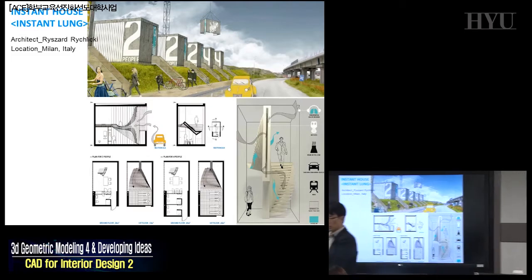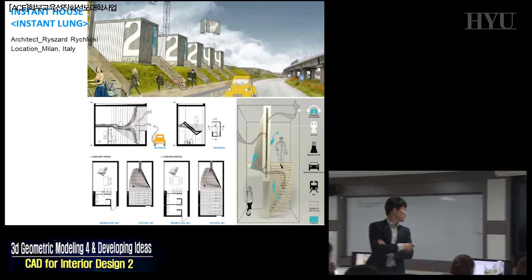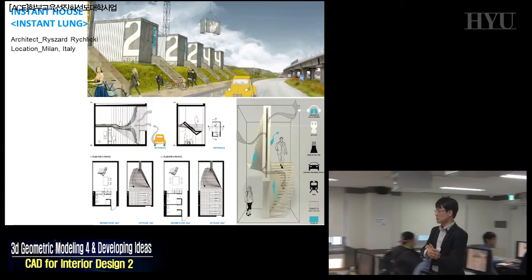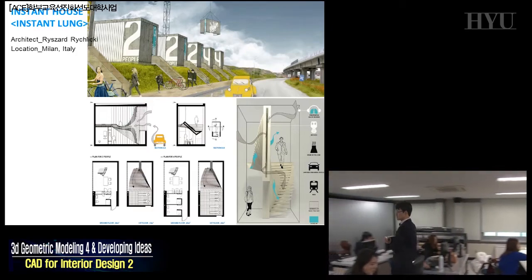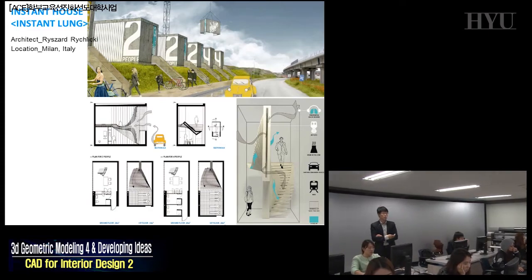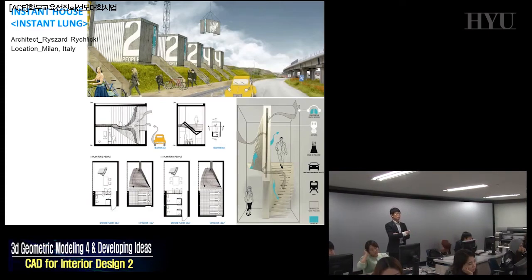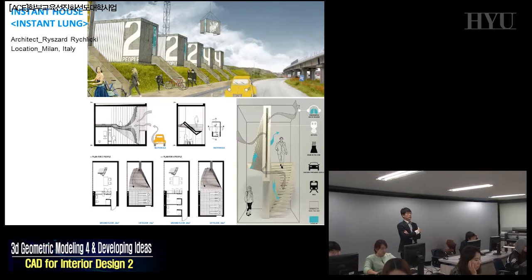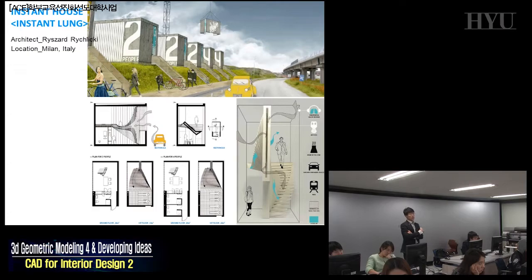Next one is another example of a modularized structure. There is another module named Instant House. Another title suggested by the designers is Instant Lawn, intended to be installed in Milano, Italy. But actually this kind of modularized house, modularized structure, housing could be delivered anywhere.